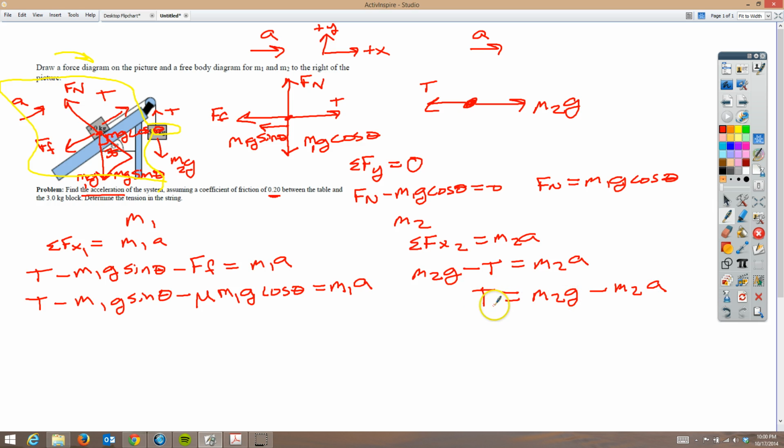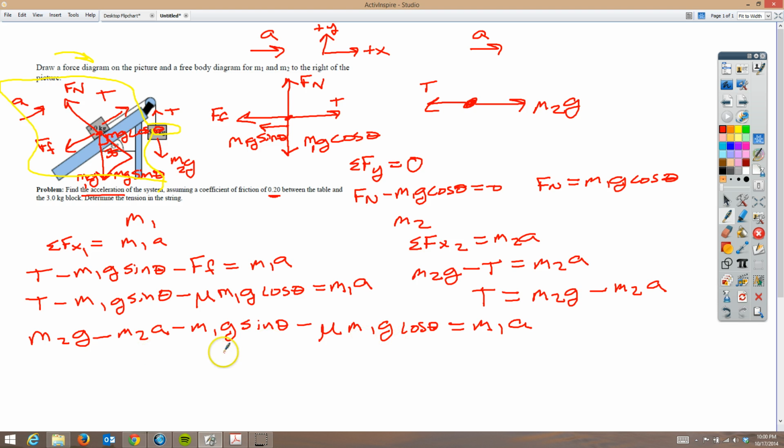Now we have an expression for tension that we can plug into this side, and we're going to try to combine everything and see what we end up with. So tension is really m2g, taking the expression for tension here, minus m2a, minus m1g sine of the angle minus mu m1g cosine of the angle is equal to m1a.